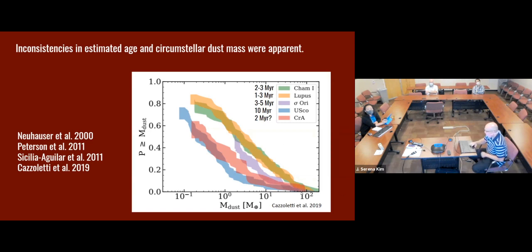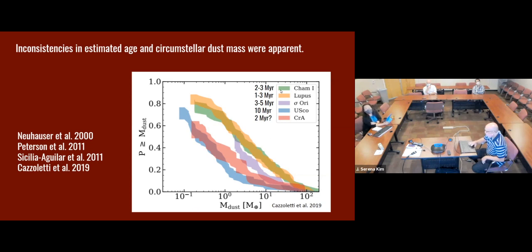So it's basically showing the percentage of stars in the region with a circumstellar disk, how many have more mass than the limit, right? So here it's saying almost all the stars have at least this size of dust.